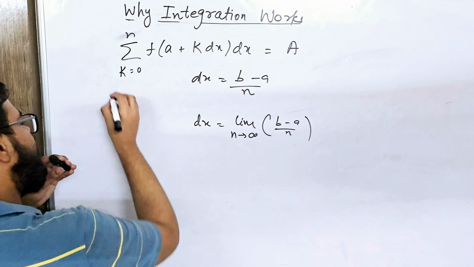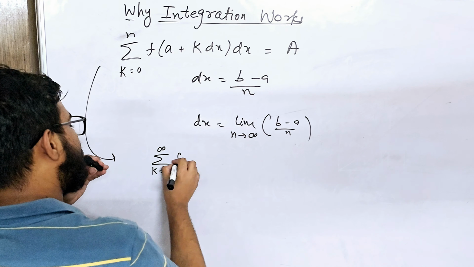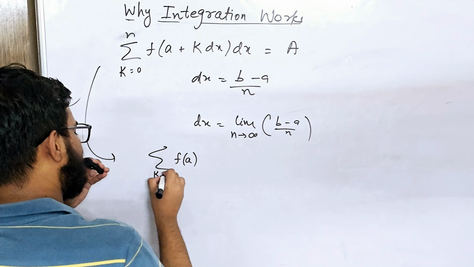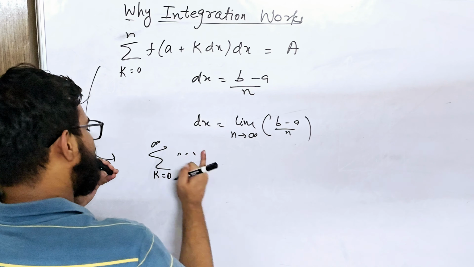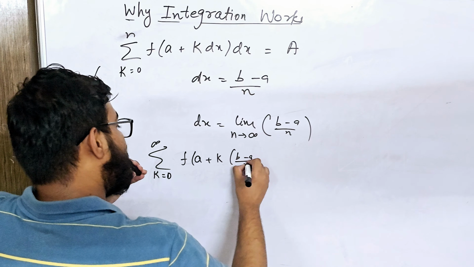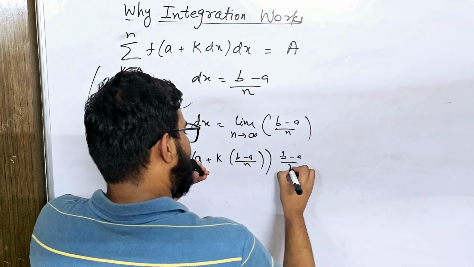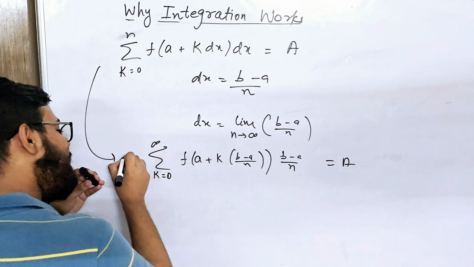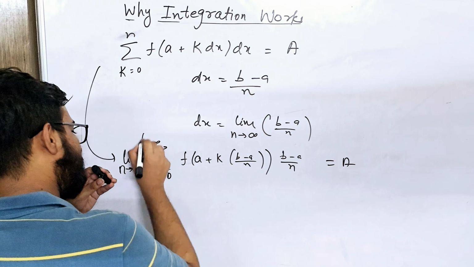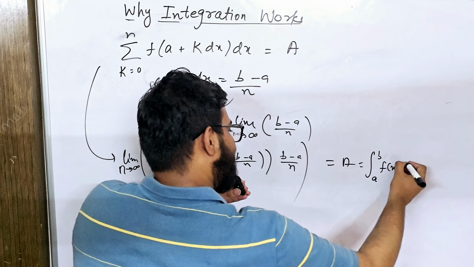So this expression can be rewritten as the summation as k is equal to 0 to infinity of f of a plus k times b minus a by n, into the quantity b minus a by n, is equal to the area, provided the limit as n tends towards infinity, which is equal to the integral a to b f of x dx.